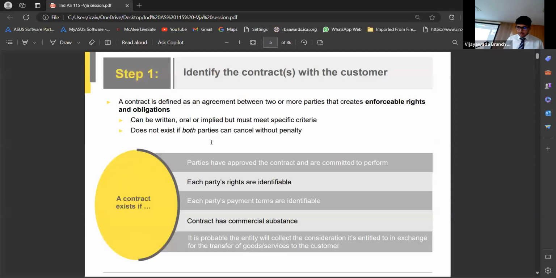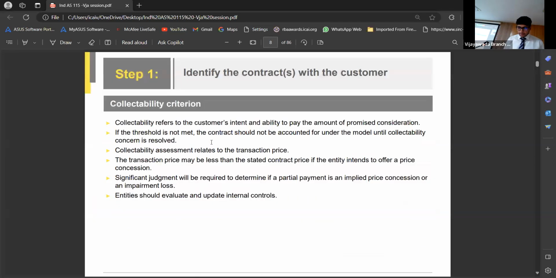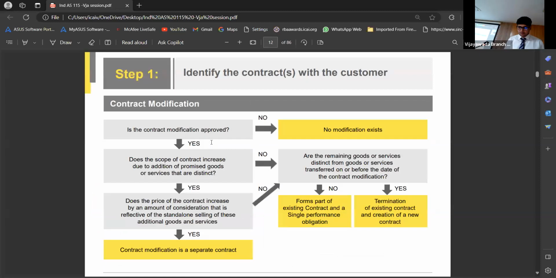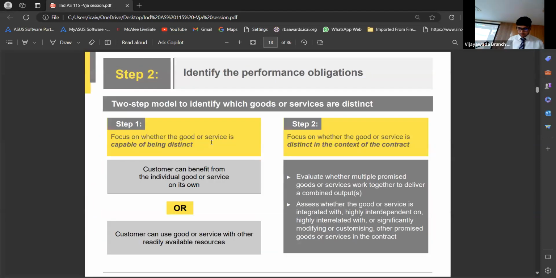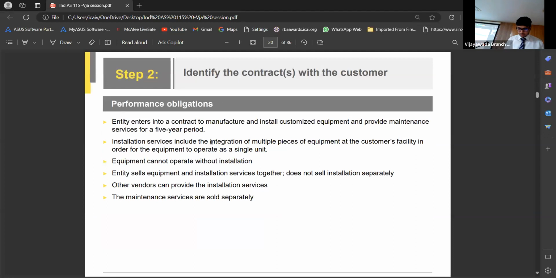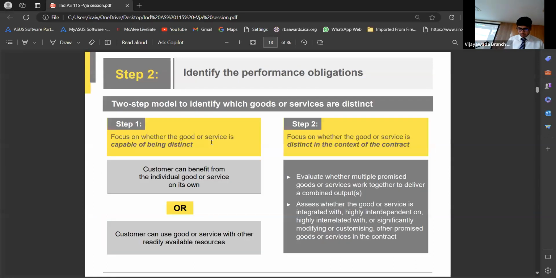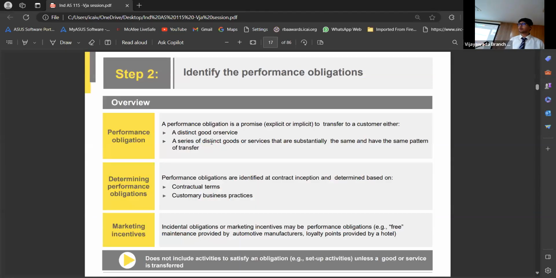So first, let me talk about identification of, since we discussed all the steps, so we'll talk about performance obligation identification, right? So performance obligation can be both. It could be through a distinct good or service, or it could be a series of distinct good and service.